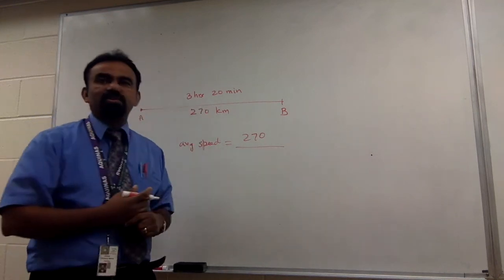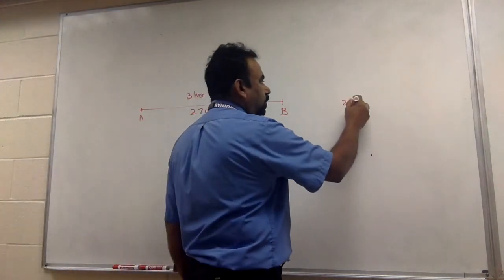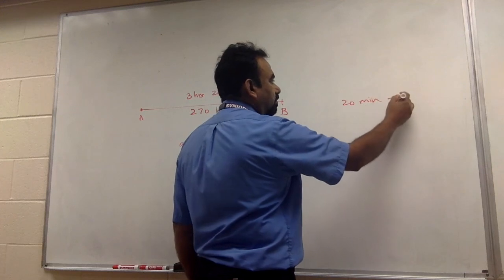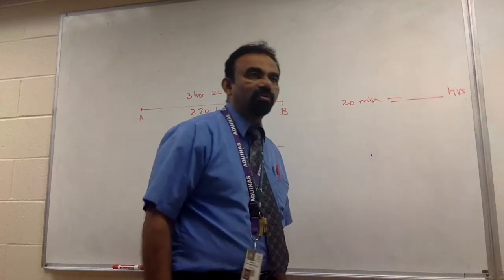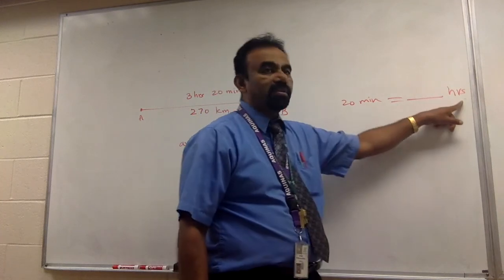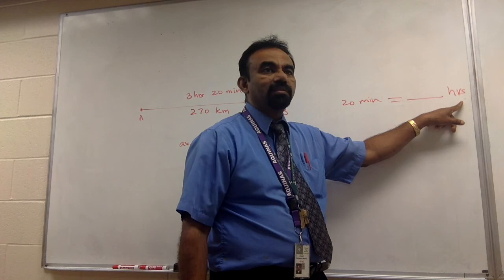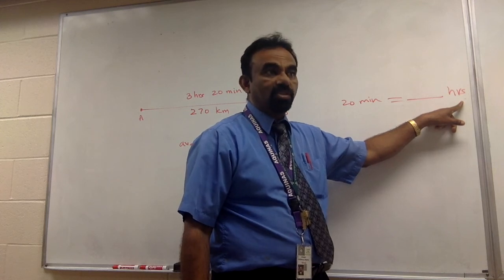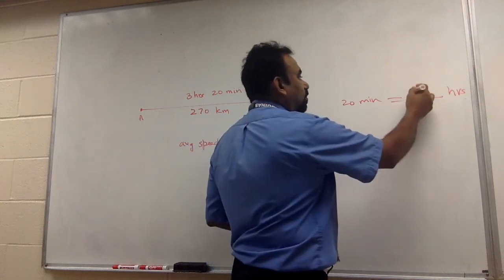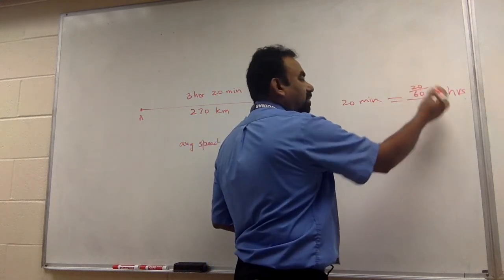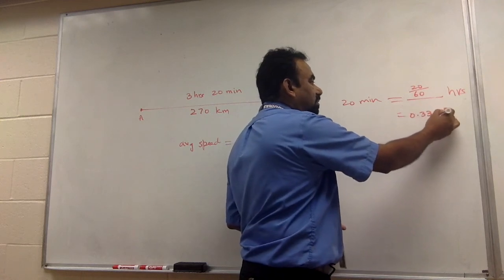How do you change minutes to hours? 20 minutes is equal to how many hours? You know how to convert it, right? Minutes to hours. The unit is going bigger by how many times? 60 times. So the number should go smaller 60 times. So we have 20 divided by 60, which is basically 0.33 hours.